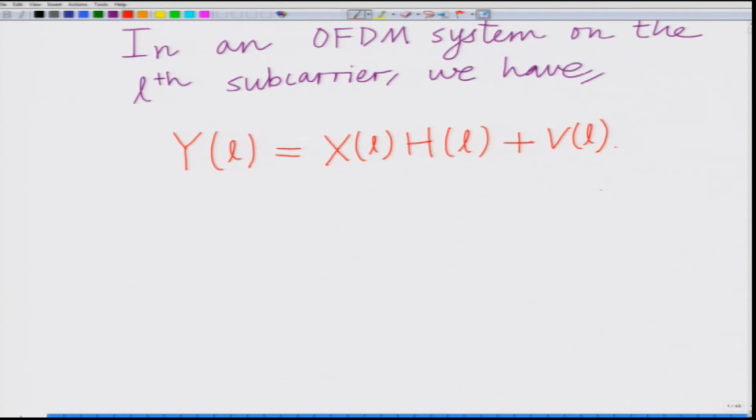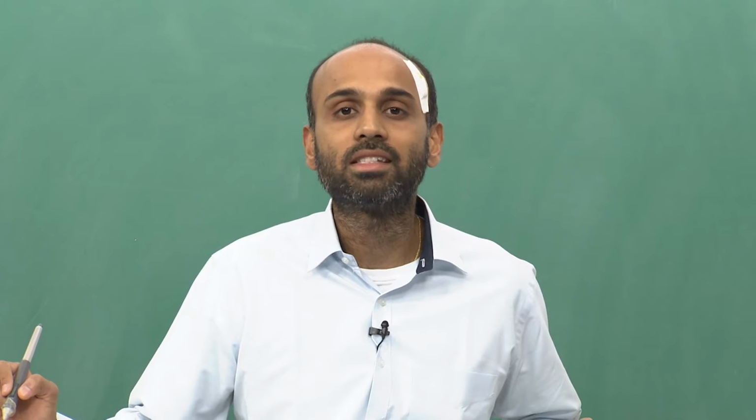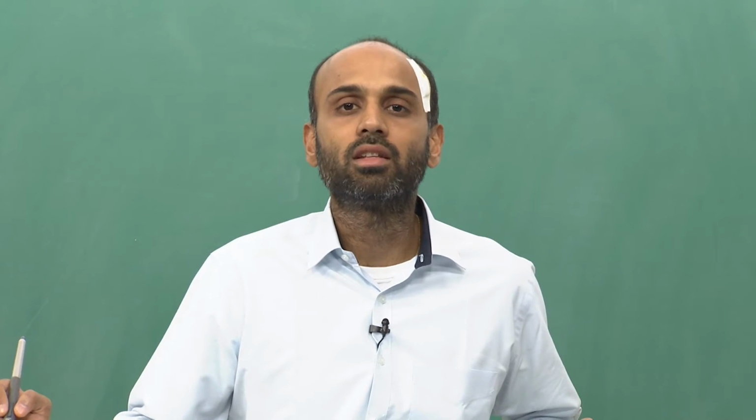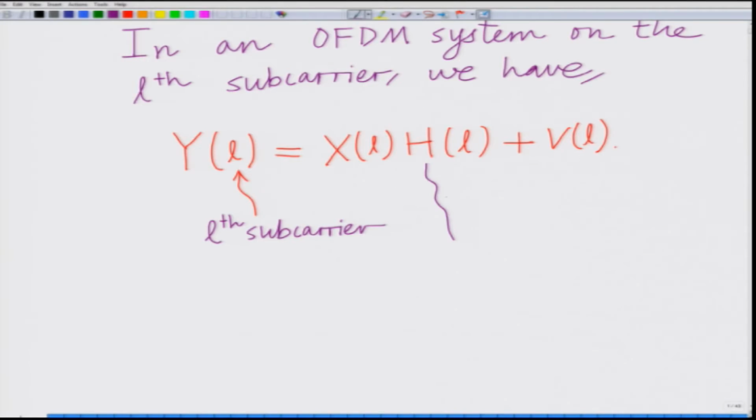What is L? L denotes the index of the subcarrier. L is basically the Lth subcarrier that we are talking about. YL is the symbol that is received on the Lth subcarrier, HL is the channel coefficient corresponding to the Lth subcarrier, XL is the symbol transmitted or loaded on the Lth subcarrier, and VL is the noise on the Lth subcarrier.